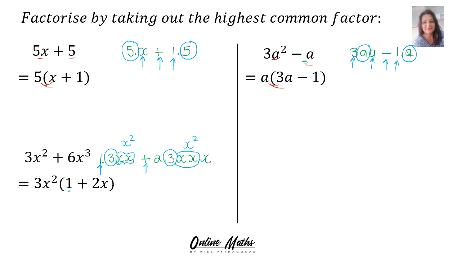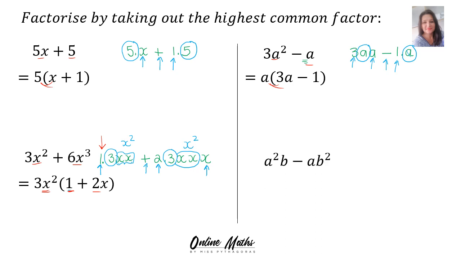Plus the 2 and the x. And let's check whether we were right. We can say 3x squared times 1 is indeed 3x squared, and 3x squared times 2x is indeed 6x cubed. And can you see, if I didn't write down the 1 there, then I would have a problem.